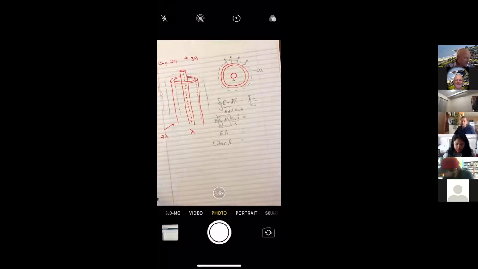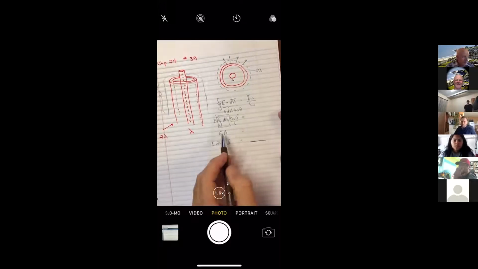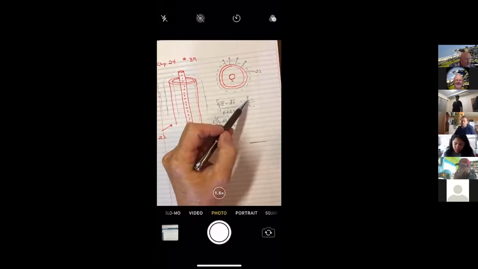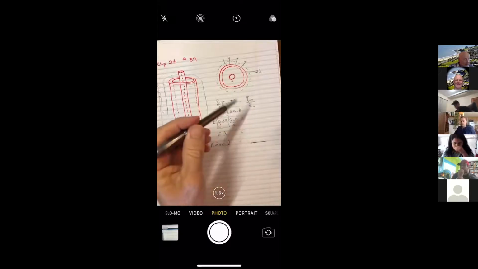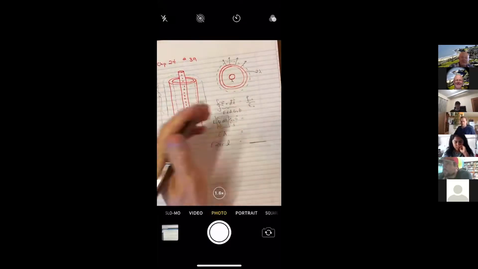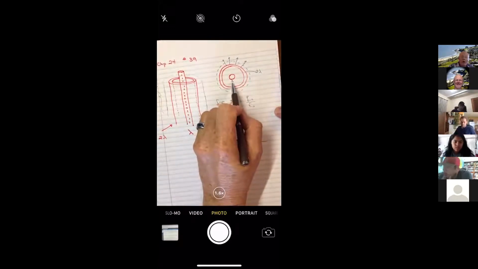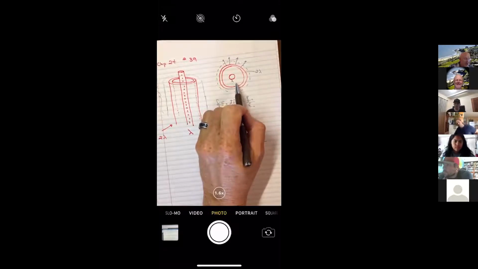Now, on the right-hand side of the equation, this right here means what is the charge inside of this Gaussian surface. So, what is meant by the charge density is this is the charge per length.